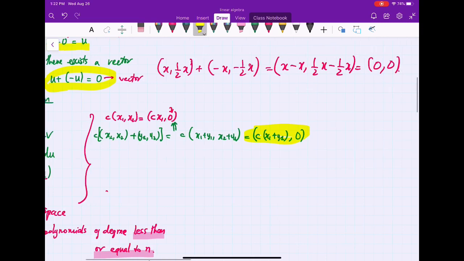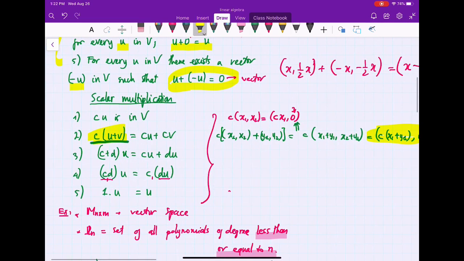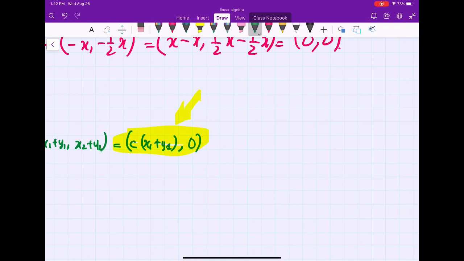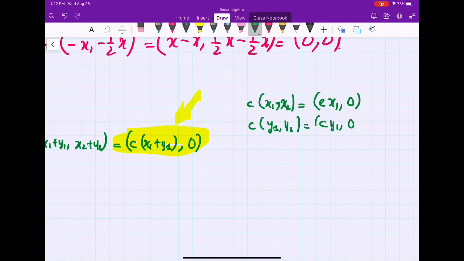If you do almost the same thing for the right hand side, you get C times this one and C times this one. You get exactly this vector. Let's check that. You have C x1 x2, that is C x1 0. Here I have y1 y2, that is C y1 0.